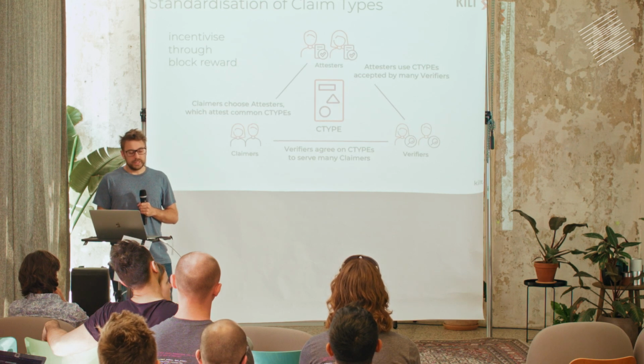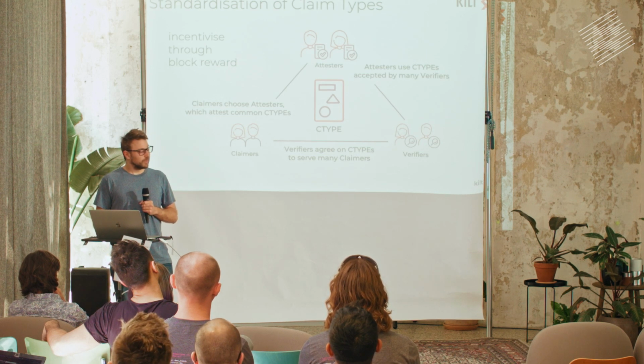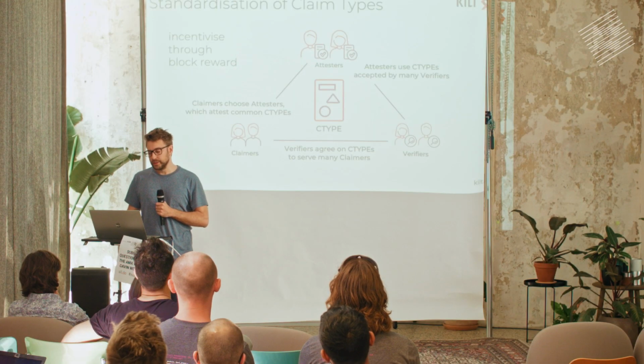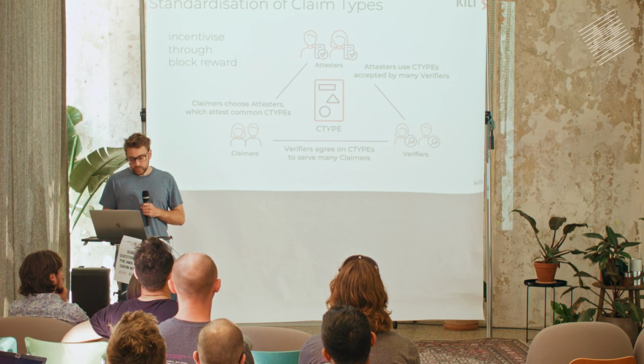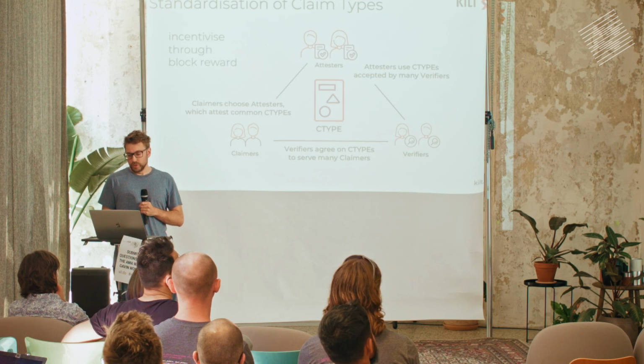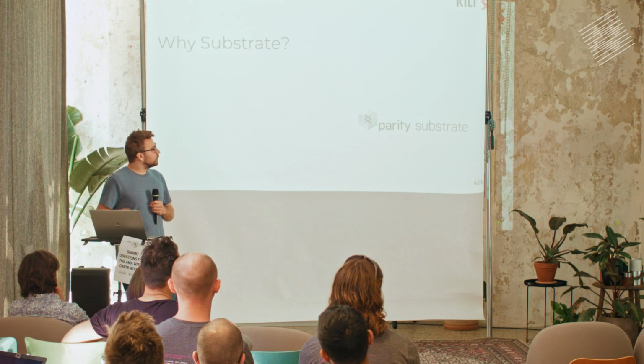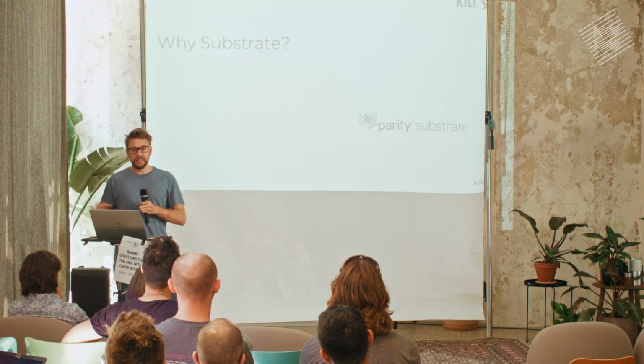This is under discussion and research, but we are thinking about ways to incentivize the standardization of claim types through the block rewards that we are using in the blockchain. So this was basically Kilt.